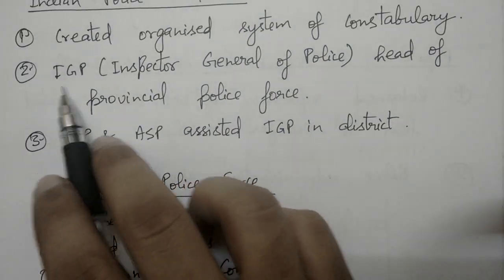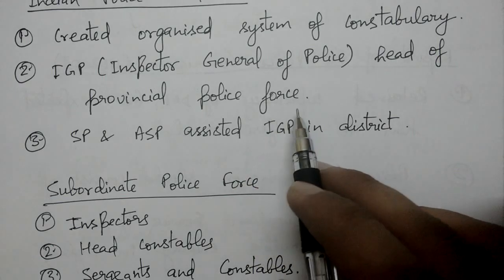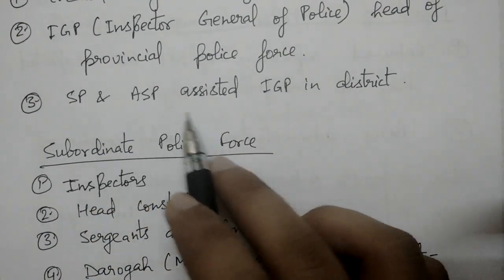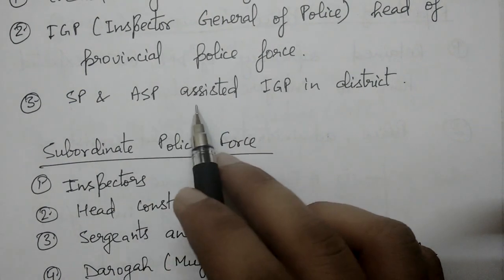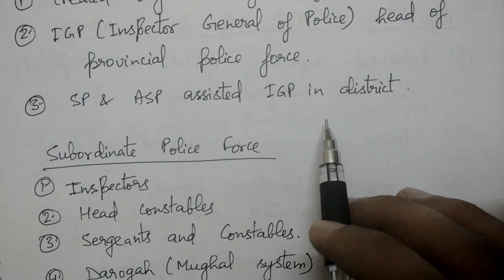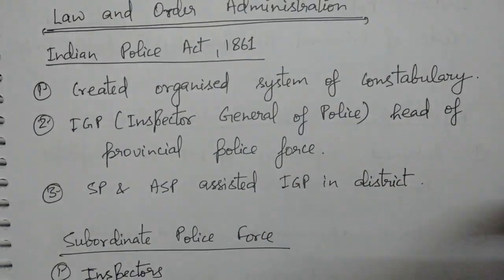Also the Inspector General of Police, that is IGP, is the head of the provincial police force. And SP and ASP, Assistant Superintendent of Police, assisted the IGP in the district. So this is the whole hierarchy of law and order administration and police.